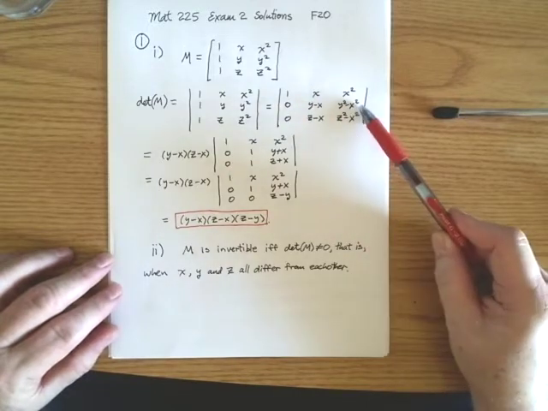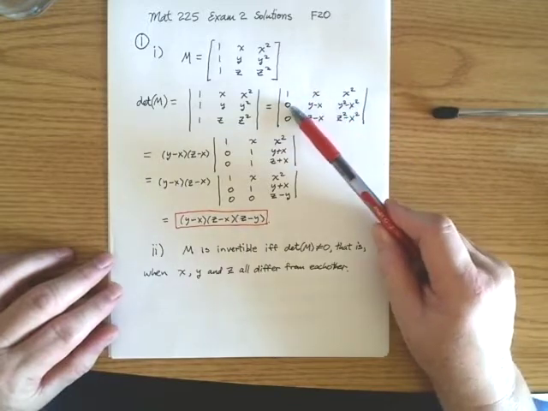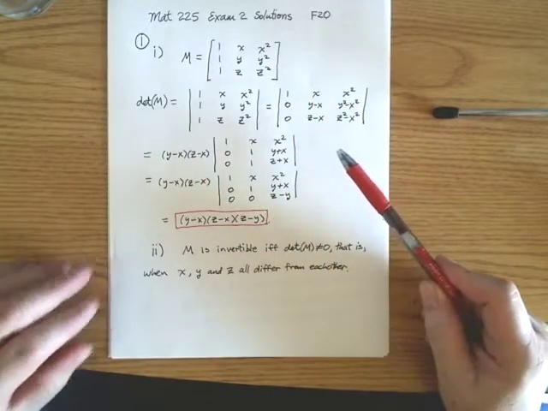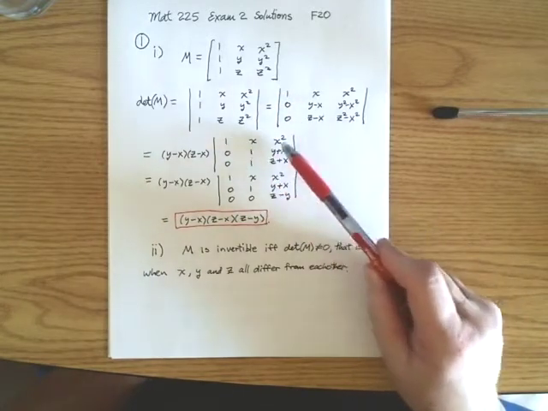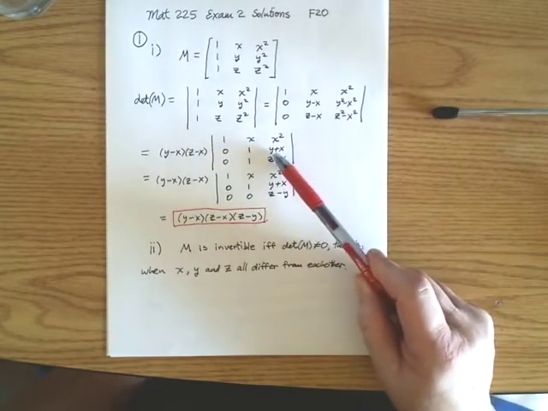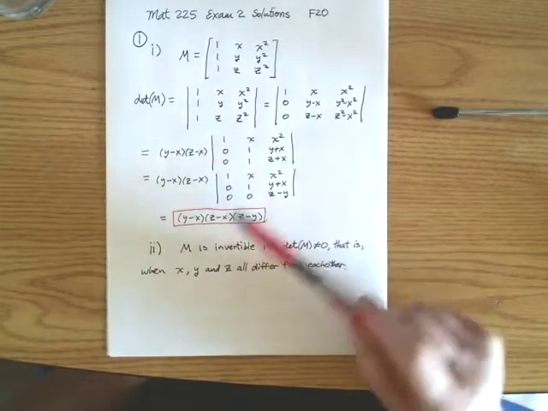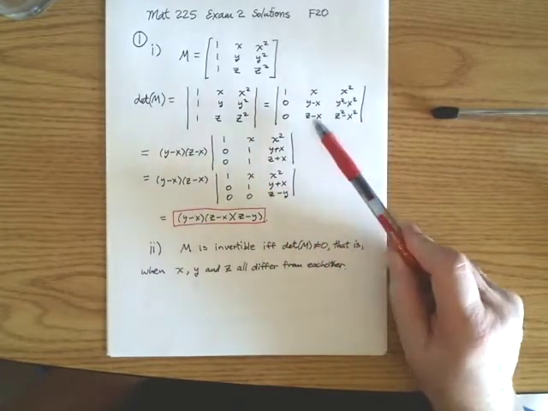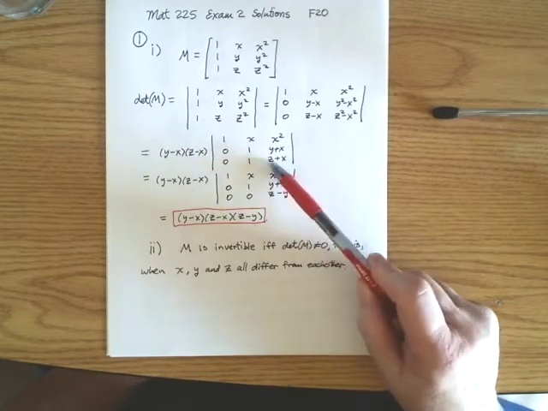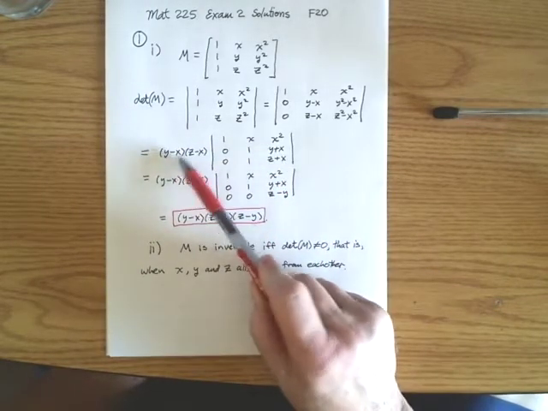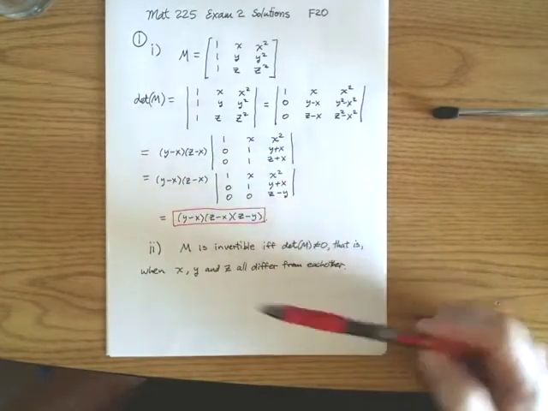Remember, if I've got a multiple from a single row or a column of a determinant, I can factor that right out of the determinant. So here I've got 1, x, x squared; 0, 1, y plus x, or x plus y if you prefer. And when I factor out the z minus x, I've got 0, 1, z plus x, with those factors on the outside of the vertical bars.